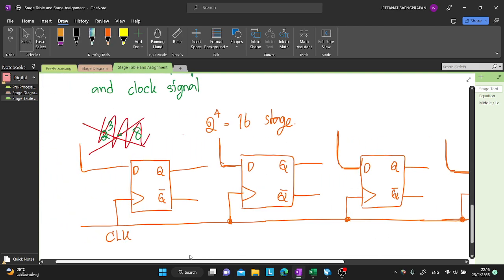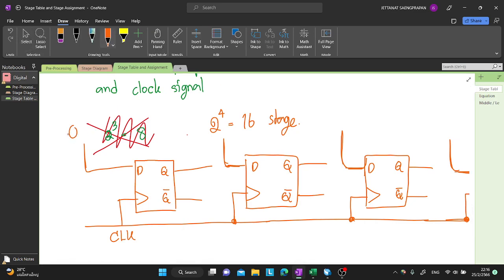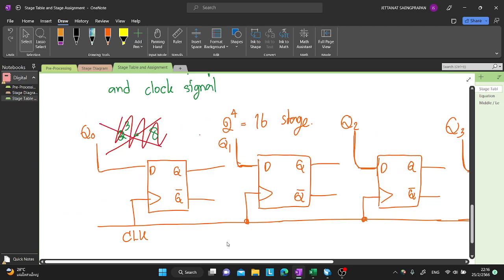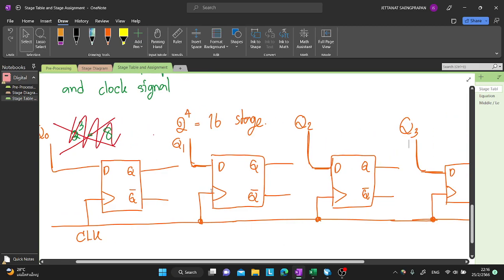There are Q0, Q1, Q2, and Q3. So we got a middle block already.